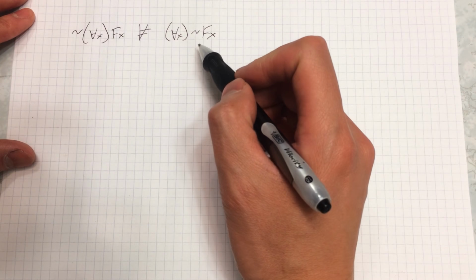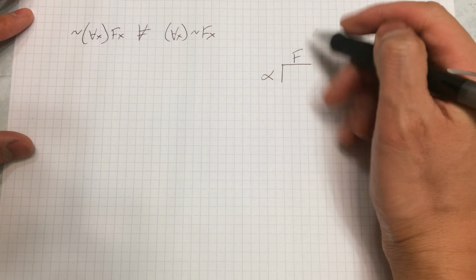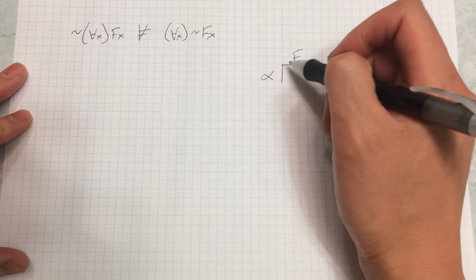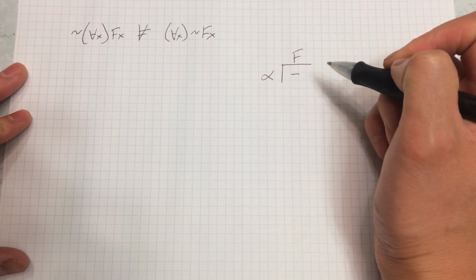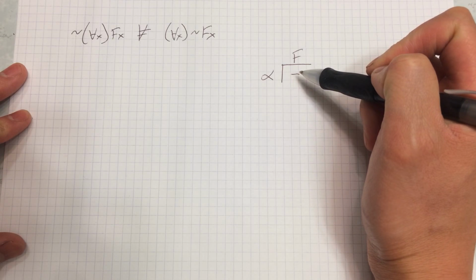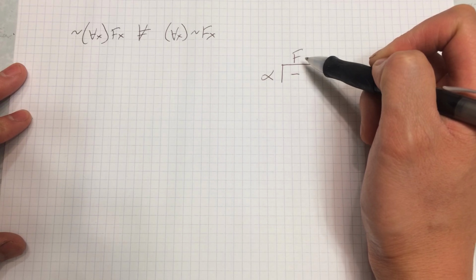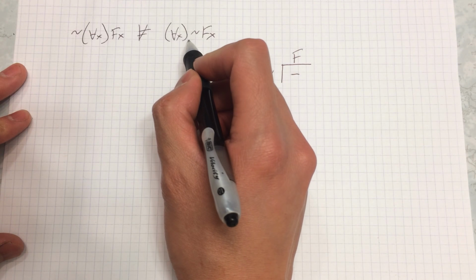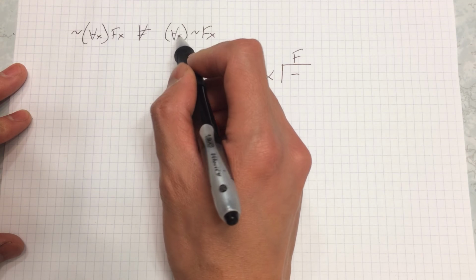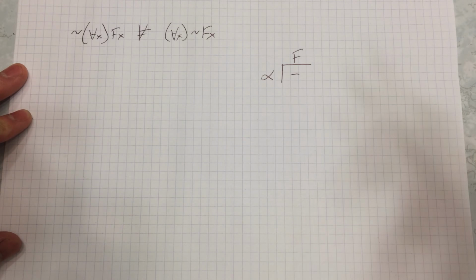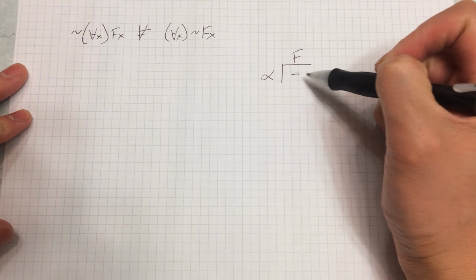So we count out our predicates, and it's just one. So we have f there. We add an alpha, and if alpha is negative, that is, alpha does not have the quality f, then the conclusion, everything is not f, would be true, right? Because we only got one object, and that object is not f.